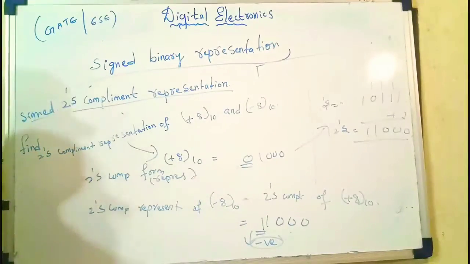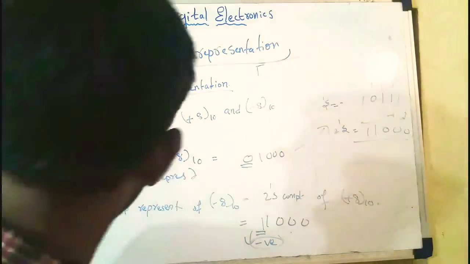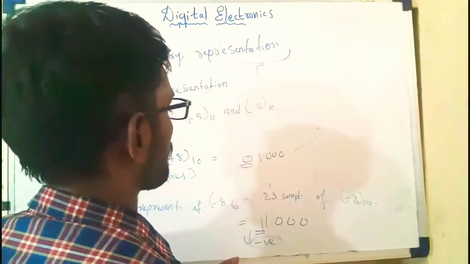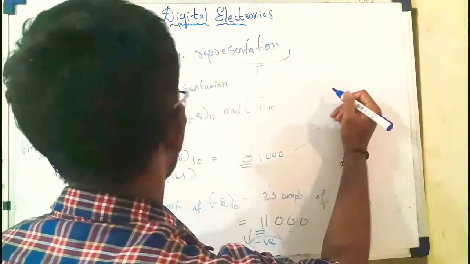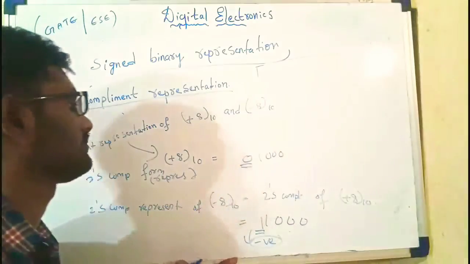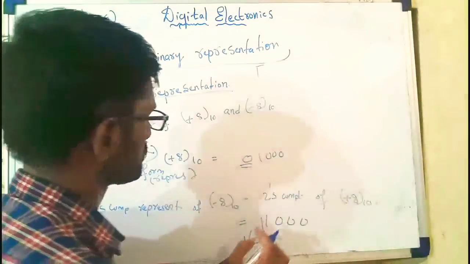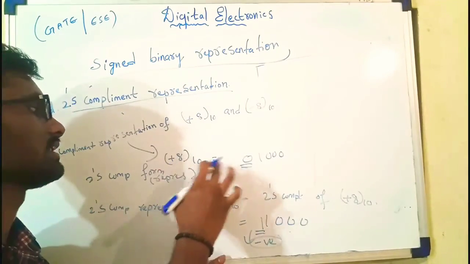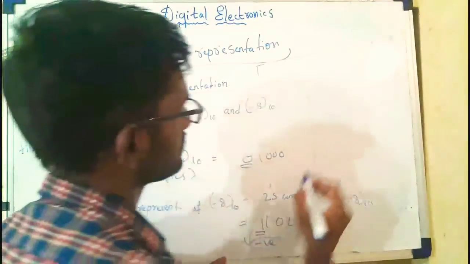Instead of always taking the 1's complement and adding the 1, we can do it directly. First find the plus 8 to the base 10 value, which is the equivalent value here.